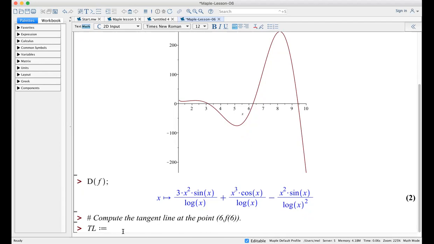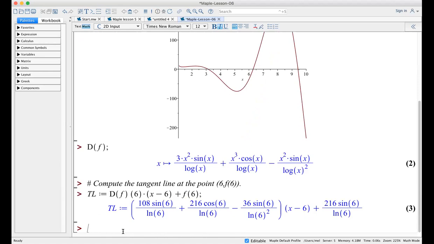You always remember the formula for the tangent line to a curve at a point. It's the derivative of the function f evaluated at x equals 6 times x minus 6 plus the value of the function at 6. That, complicated as it may look, is the tangent line.